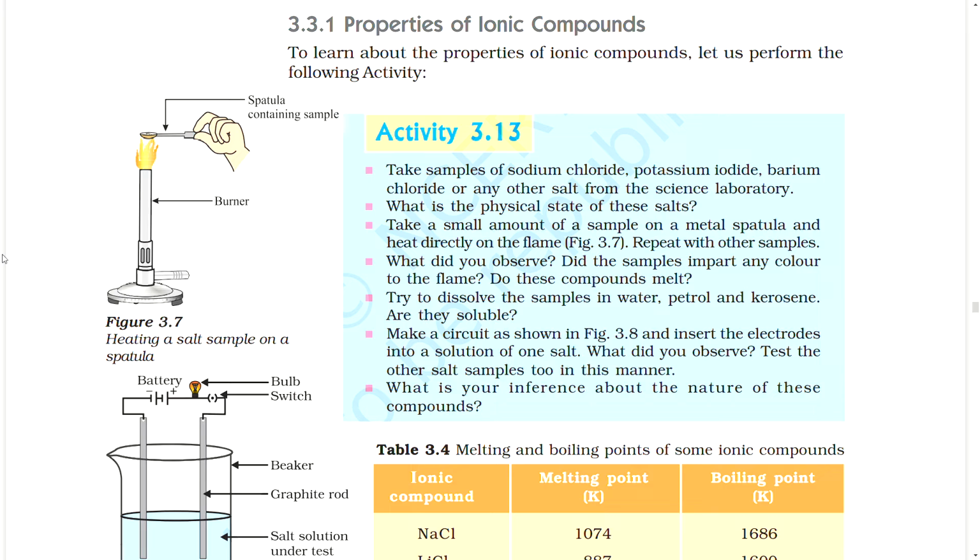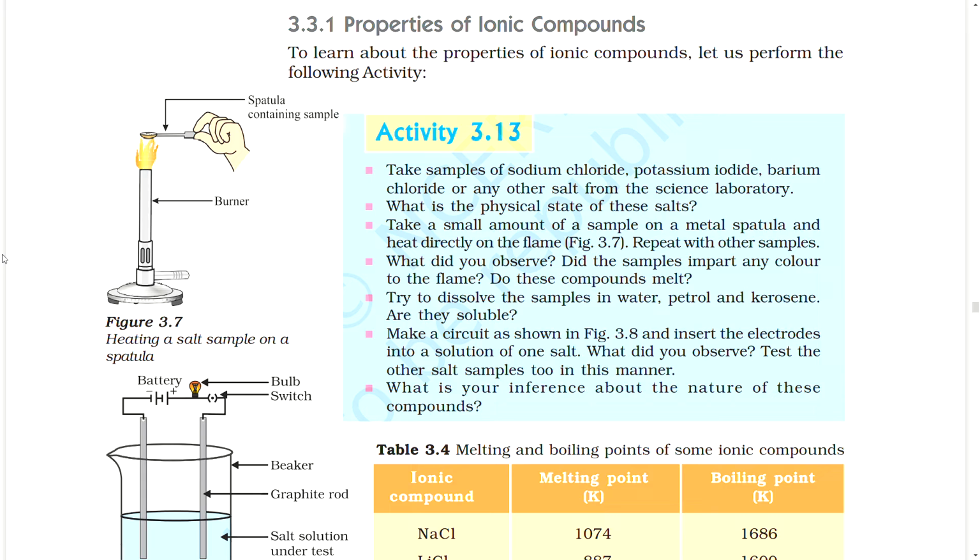Properties of ionic compounds. To learn about the properties of ionic compounds, let us perform the following activity. Take samples of sodium chloride, potassium iodide, barium chloride, or any other salt from the science laboratory.